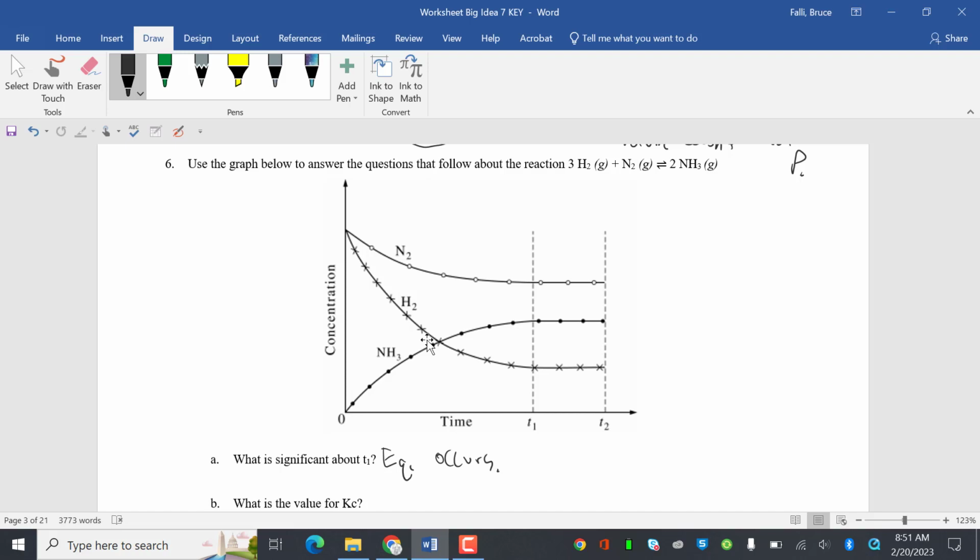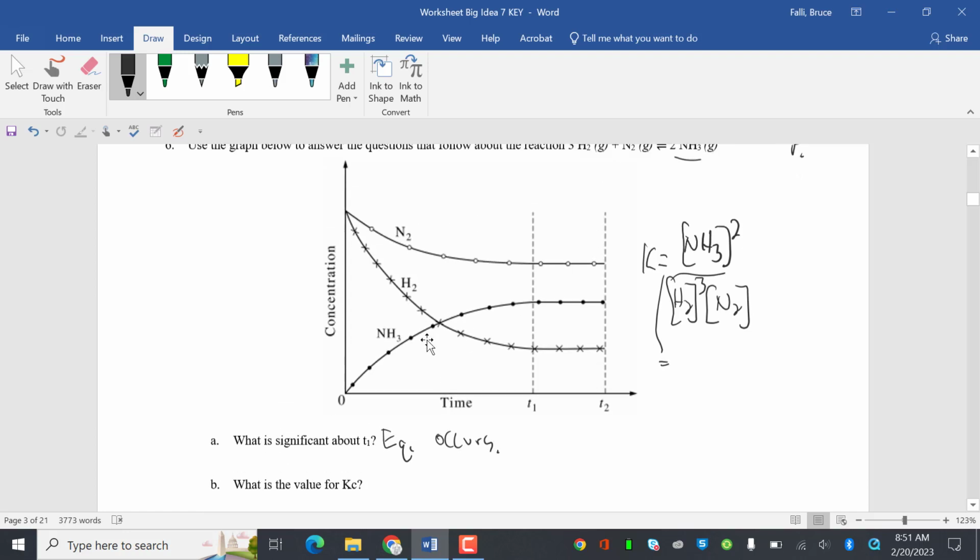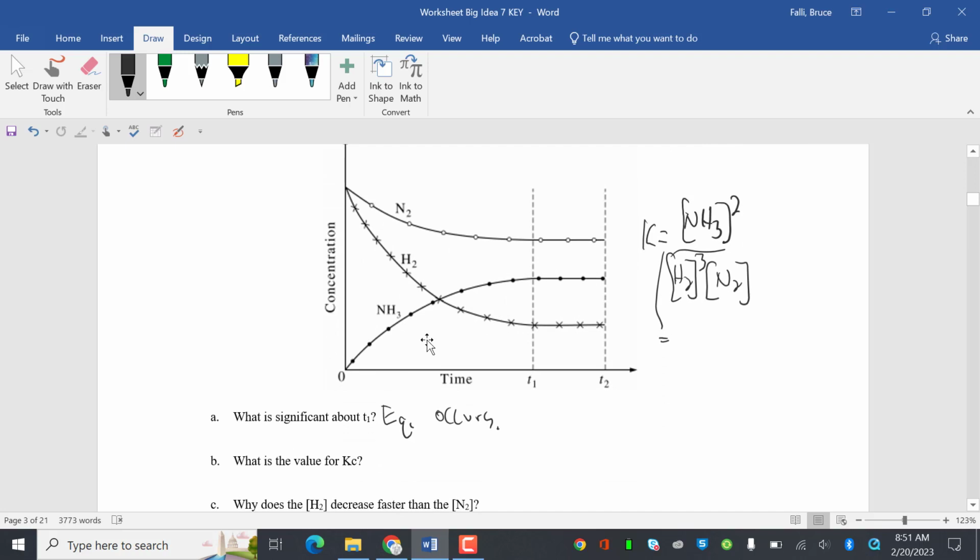So Kc is going to be, I'm going to do it up here, products raised to their coefficients over reactants raised to their coefficients, and then we get these from here. You need to know these numbers, so I have to give you these numbers. I admit I added this and didn't really look at what it was, so I'm going to make up some numbers for this.